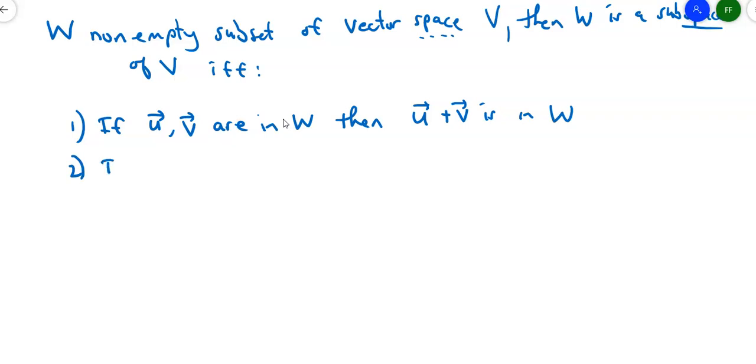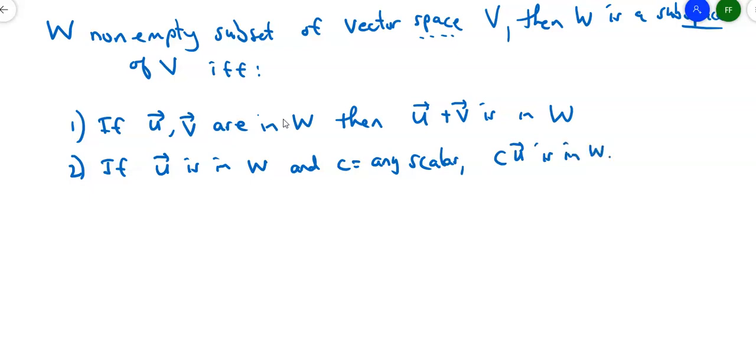And if that vector U is in that subset and C is any scalar, then C times that vector is in that set. If that's true, then it's a subspace. If one of them fails, then it's not.